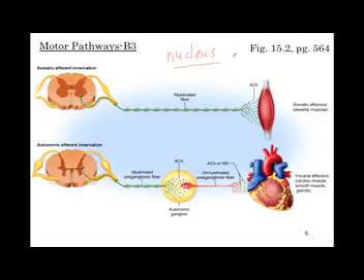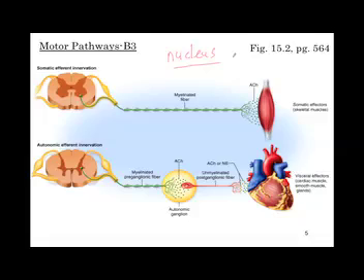So that ganglion in the autonomic pathway contains the cell bodies of the second neuron in these pathways. The effectors, somatic or skeletal muscles, effectors for visceral or autonomic or cardiac muscle, smooth muscle, and glands.